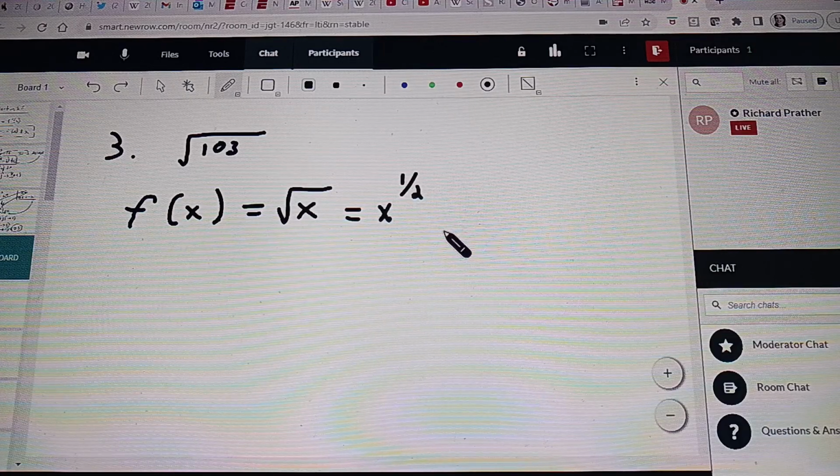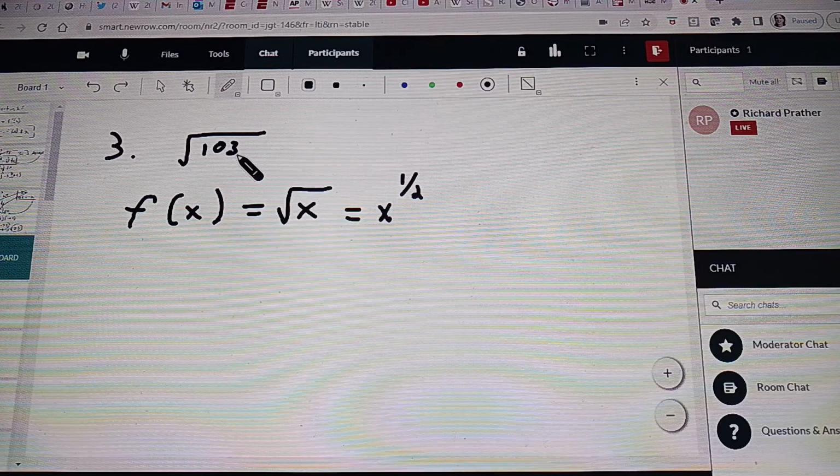It'll be easier to do it with the power rule than with a square root in there. So you just take whatever your function looks like and put kind of like the parent function of it, the most basic version. And then the trick to doing this is you want to get a value as close to 103 that comes out evenly.